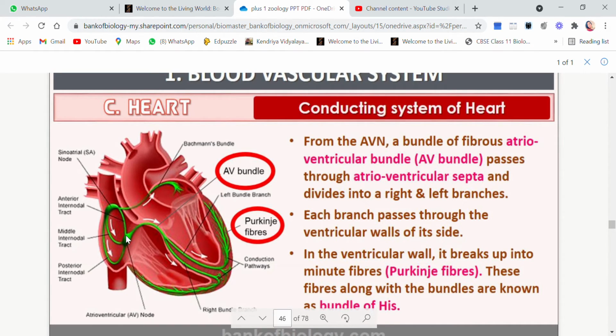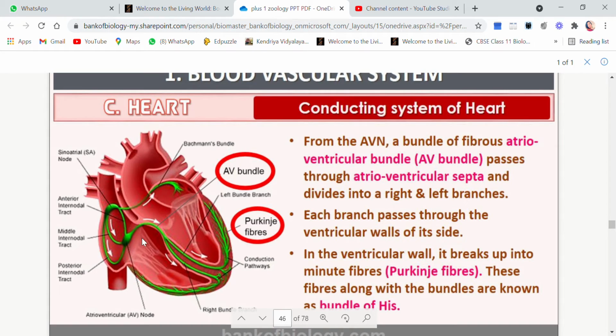Now from the AVN, a bundle of fibers is arising, and this bundle of fibers is passing through the atrioventricular septum. What is the atrioventricular septum? It is what separates atria or auricles from ventricles.